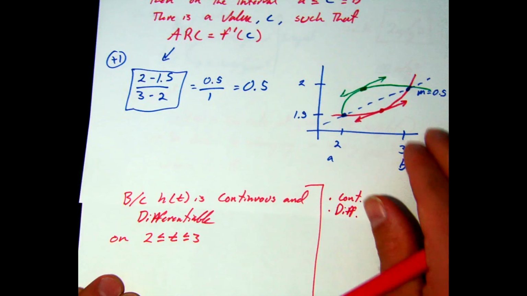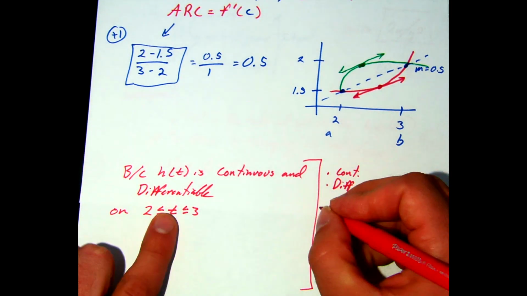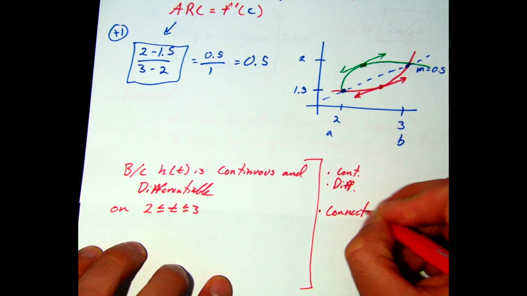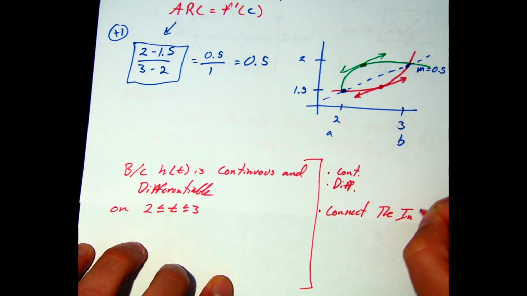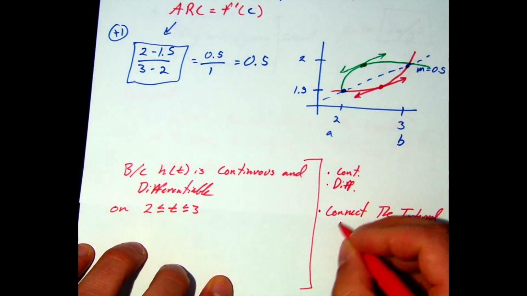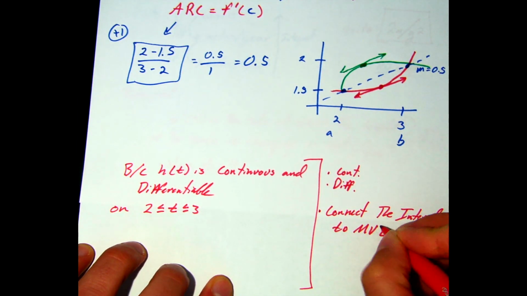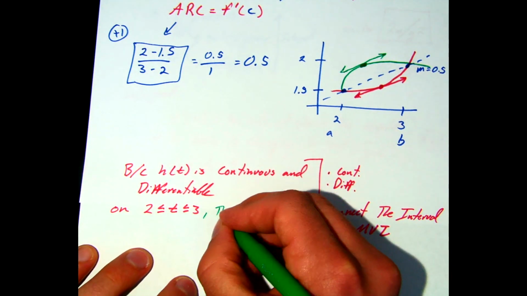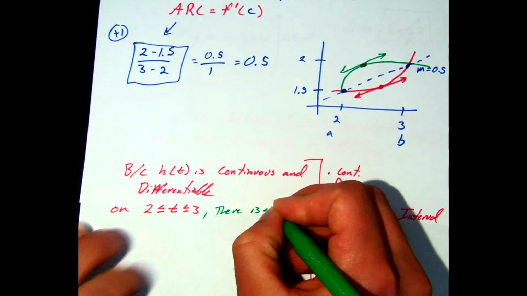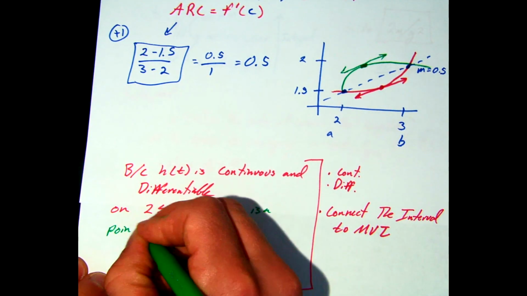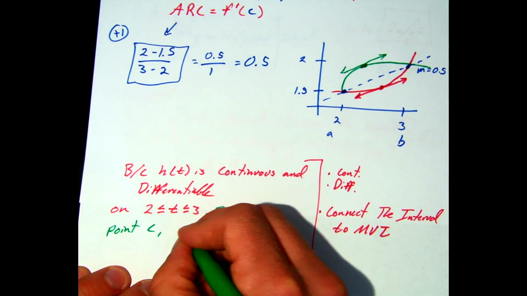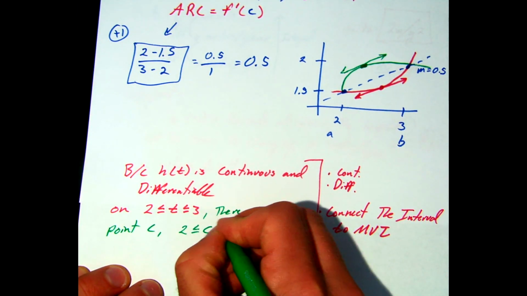Okay. And on the AP test, you have to connect the interval to the mean value theorem. So here's how you do this. You say there is a point C, and again 2 is less than or equal to C, which is less than or equal to 3.